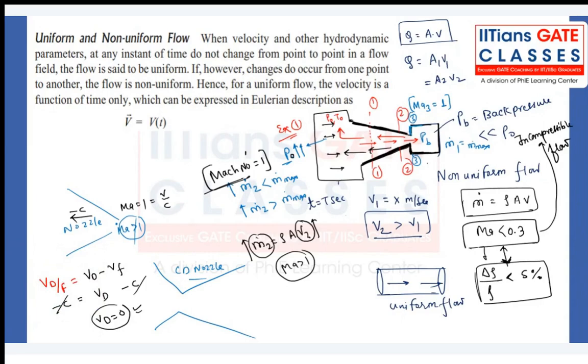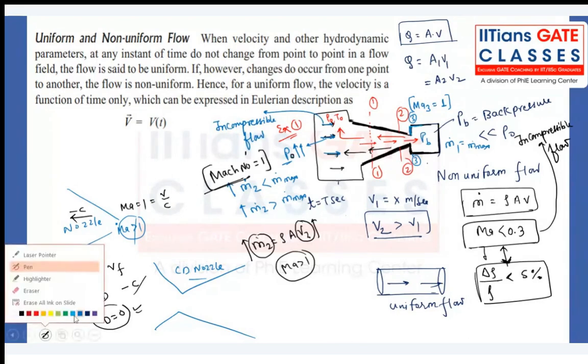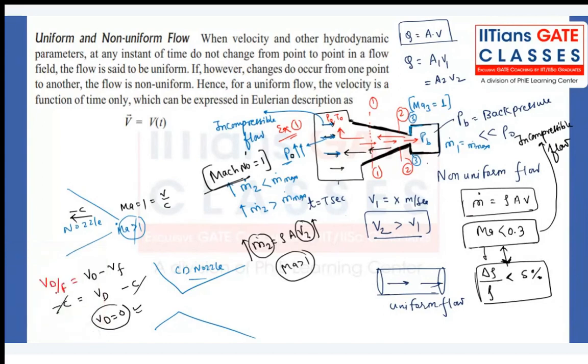So here I'm assuming this flow to be an incompressible flow. All those effects will not be coming, right? Whatever we are discussing, the density changes will not be there that much. Correct, correct.